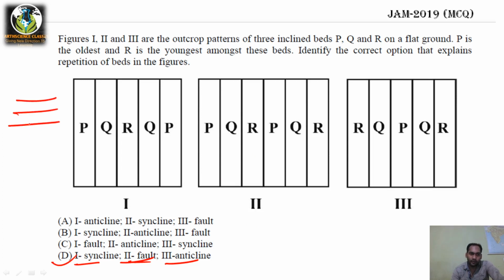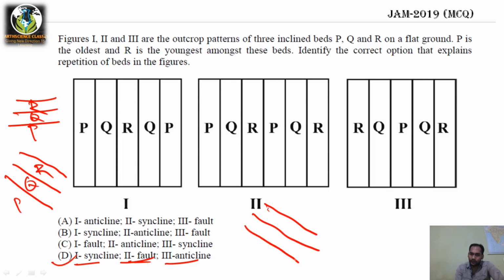This is P, Q and R. Then what happened? It got tilted like this. P, Q and R.